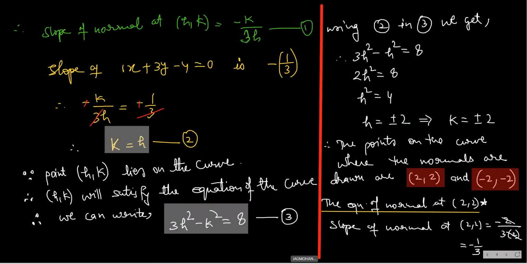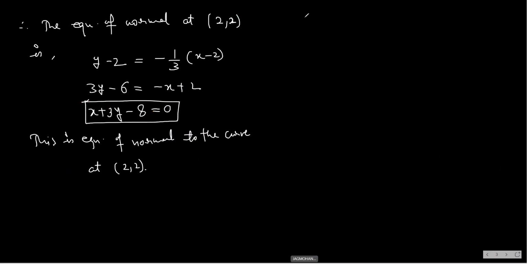So even after calculating, we are getting -1/3. So that was not required. Okay, so we will not calculate for the second one. I will directly find the equation of the normal.